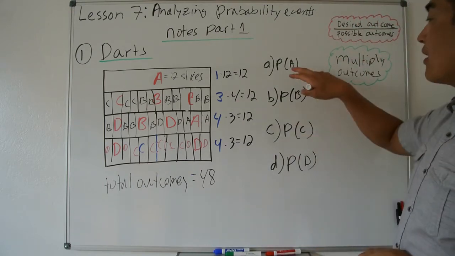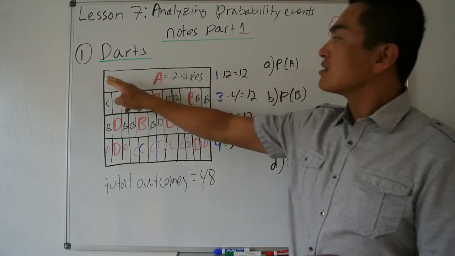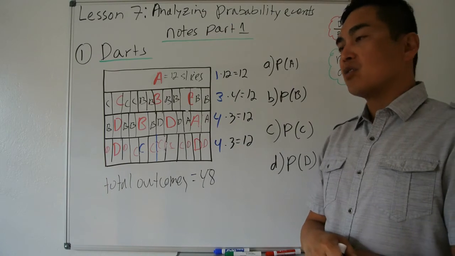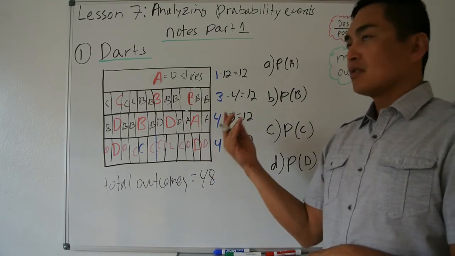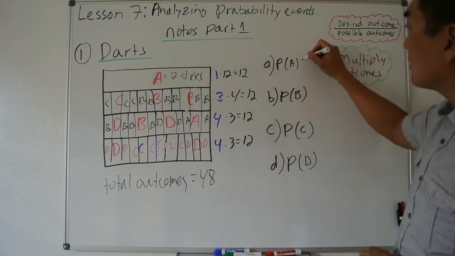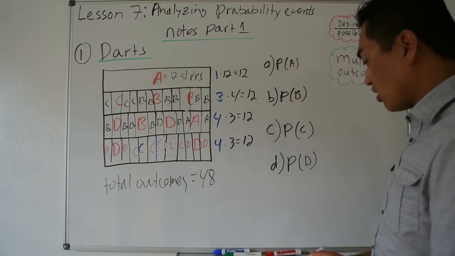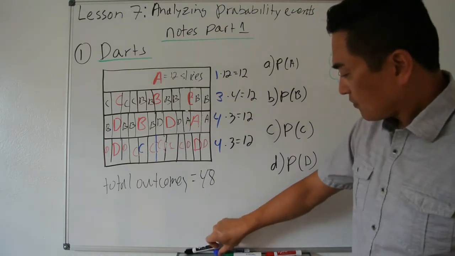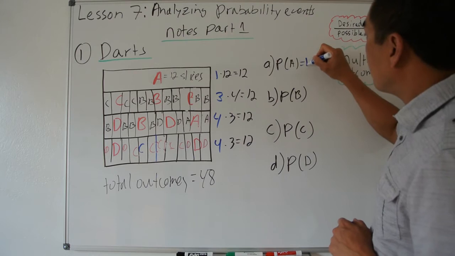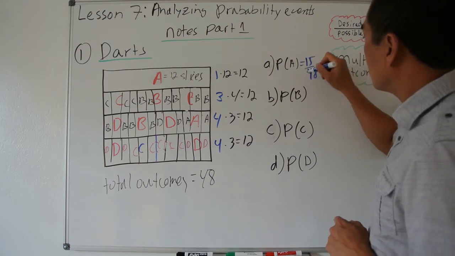Okay. So for A, I have 12 slices here, and there's 1, 2, 3 more that give me 15 slices total. Again, if you're playing darts, you could do it like pizza or something like that. So that's 15 out of 48. I'll use blue to get a different color. So that gives me 15 out of 48.